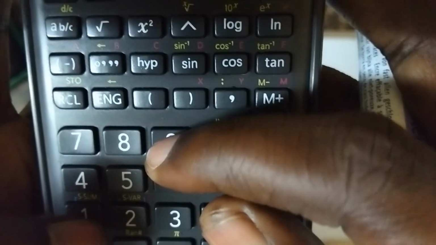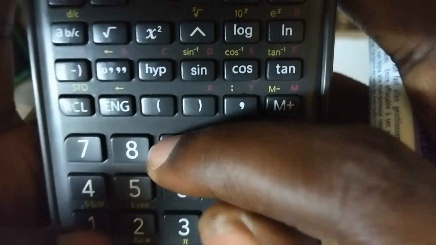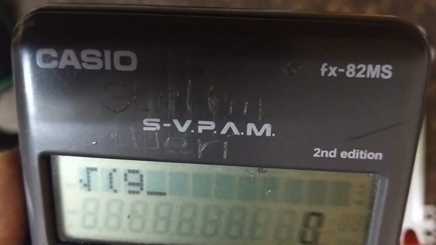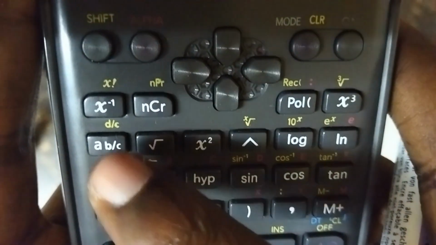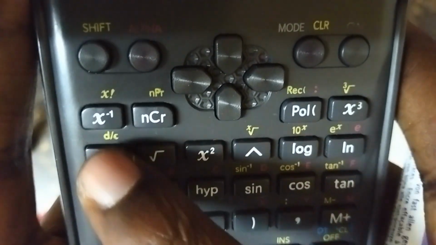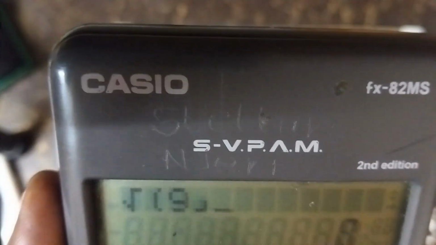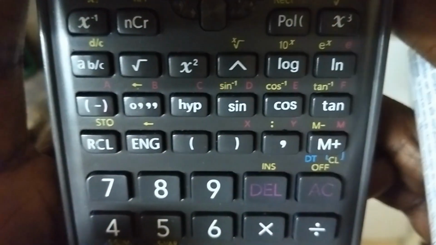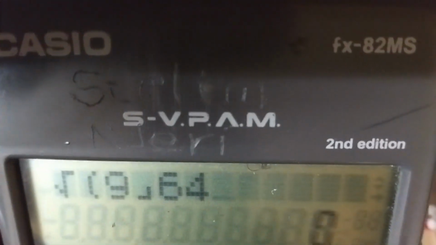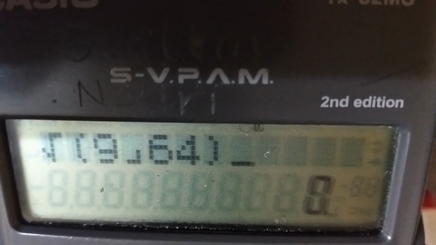We have 9, and we press this key to indicate the fraction, and then 64, and then we close it.